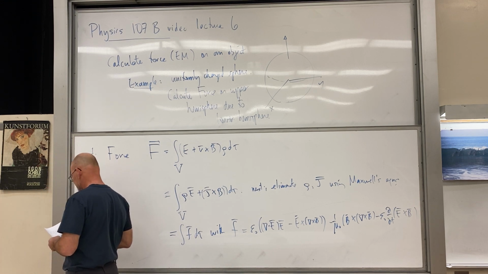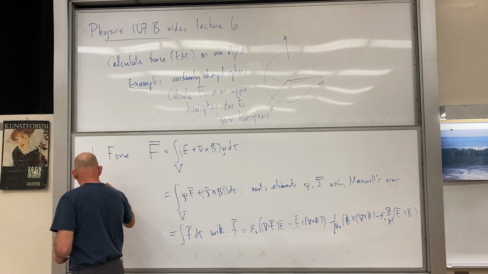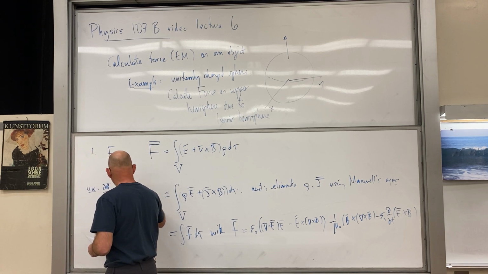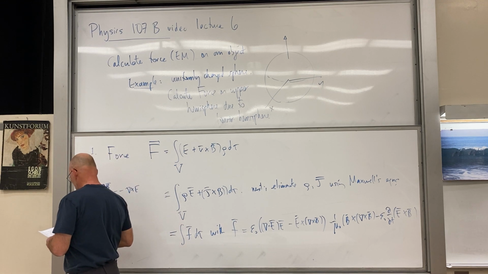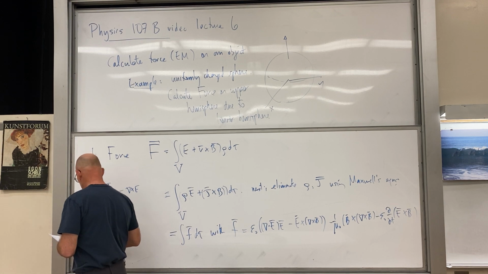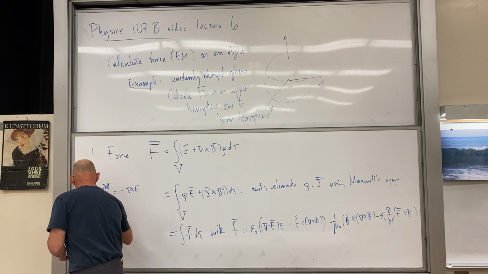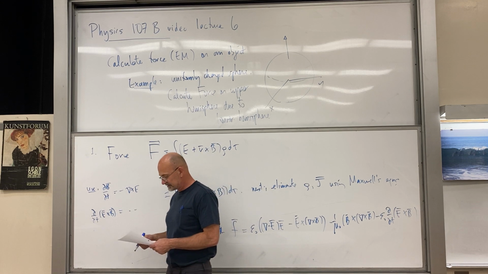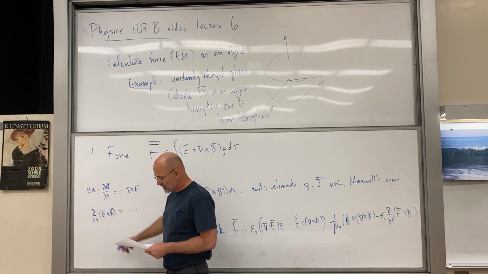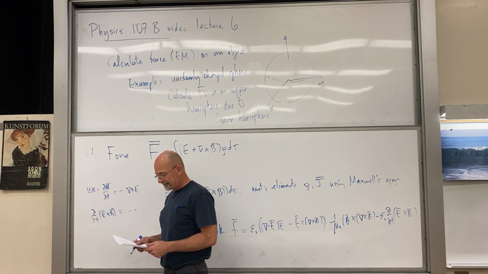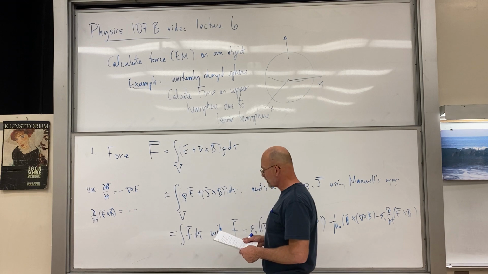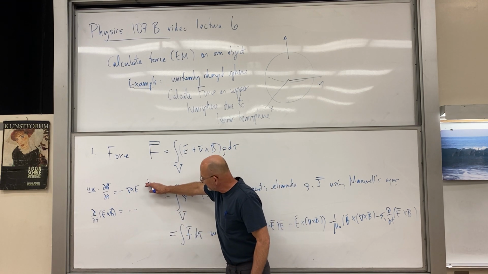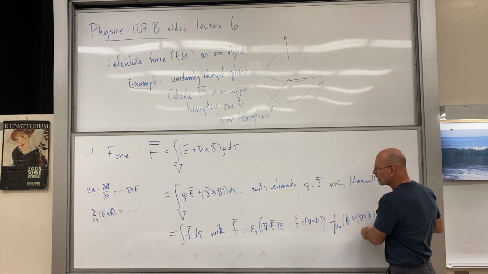Use Faraday: dB/dt is equal to minus curl of E, and use E cross B. You just use the basic product rule, okay? dE/dt cross B plus E cross dB/dt. And Maxwell's equations and then these things here. So you actually get here pretty quickly, but we're not done.